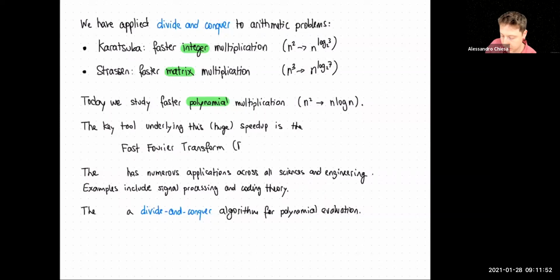Abbreviated FFT. FFT itself is not about polynomial multiplication. It's about a related problem that we'll see soon, but it is the main enabler that underlies fast polynomial multiplication.